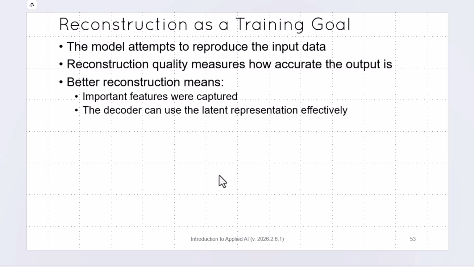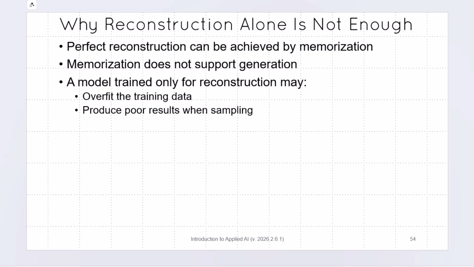Basically a judge comes by and says, this is a good representation or a bad representation with a specific value. It says this is this far off, or this is this close. And based on that, it can improve its performance. Better reconstruction means important features were captured, and the decoder can use the latent representations effectively.